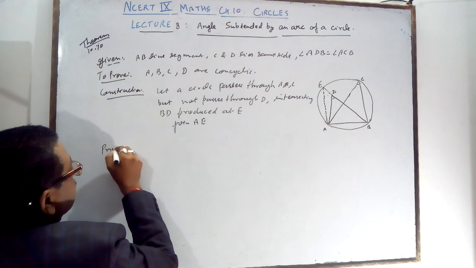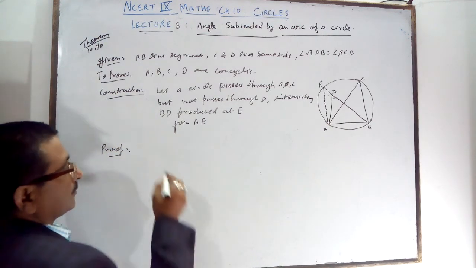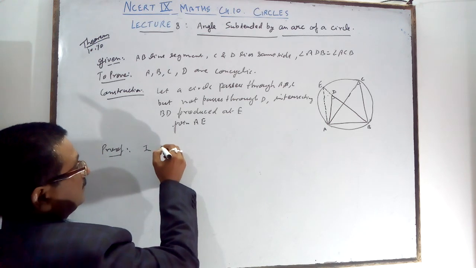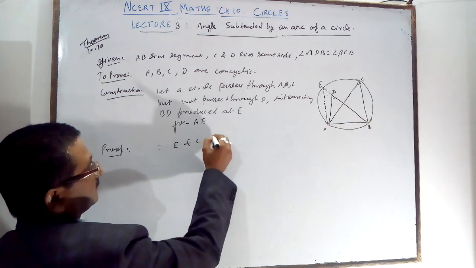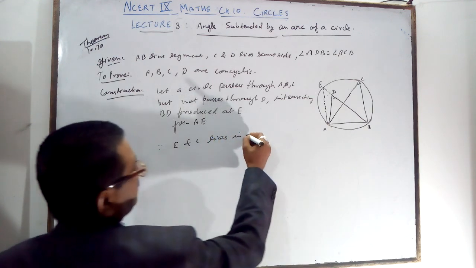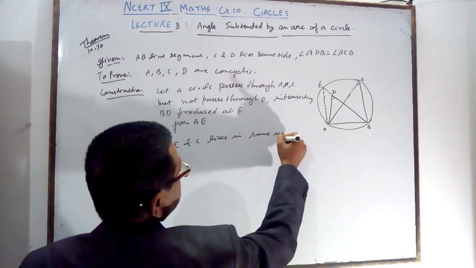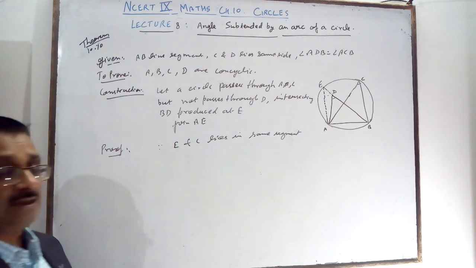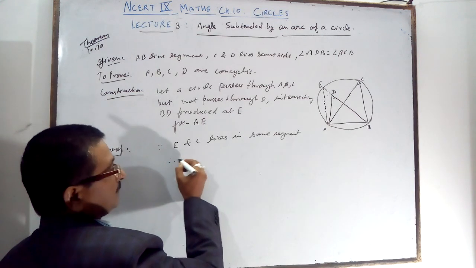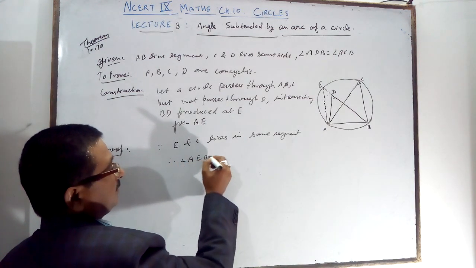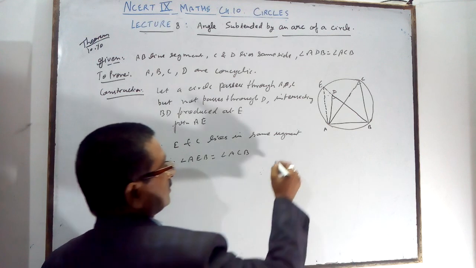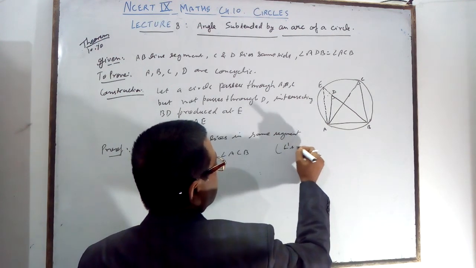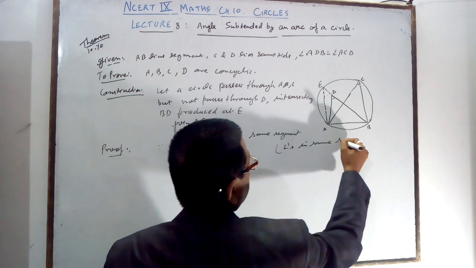Proof: because E and C lie in the same segment, angle AEB is equal to angle ACB. Why? Angles in the same segment are equal, just now you have proved.